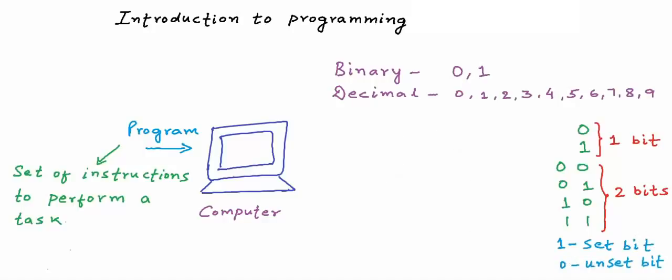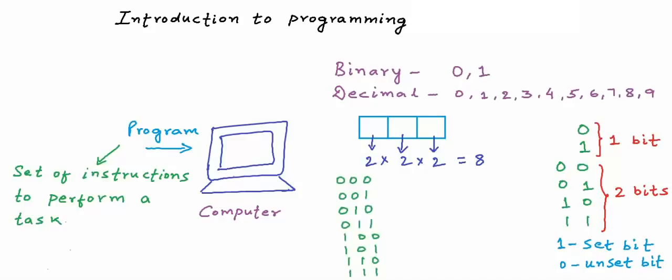If we have 3 bits, let's say each cell that I have drawn here in this figure is a bit position, then at each position we have 2 choices. We can either have a 0 or a 1, and corresponding to these choices we'll have 2 choices for the next position, and corresponding to a combination of these 2 positions we will have 2 choices for the next position. So if we have 3 bits, we can have 8 possible binary values. These are the 8 possible values with 3 bits.